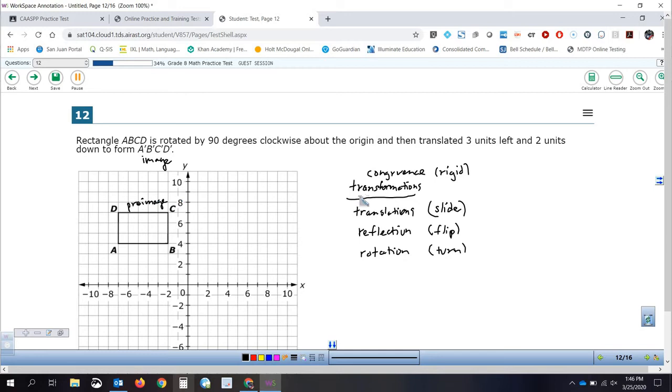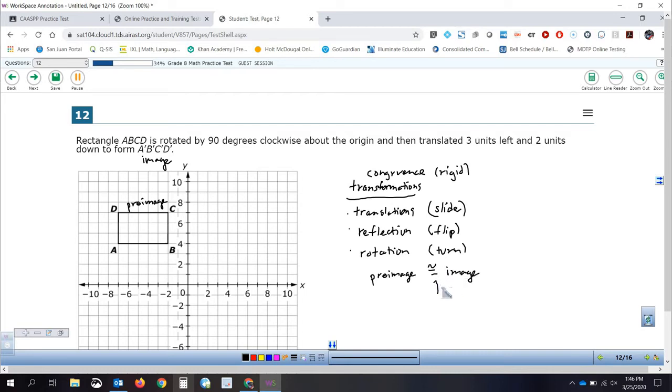If you start with a pre-image and apply any of these or any sequence of them, when you are done, the pre-image is congruent to the image.